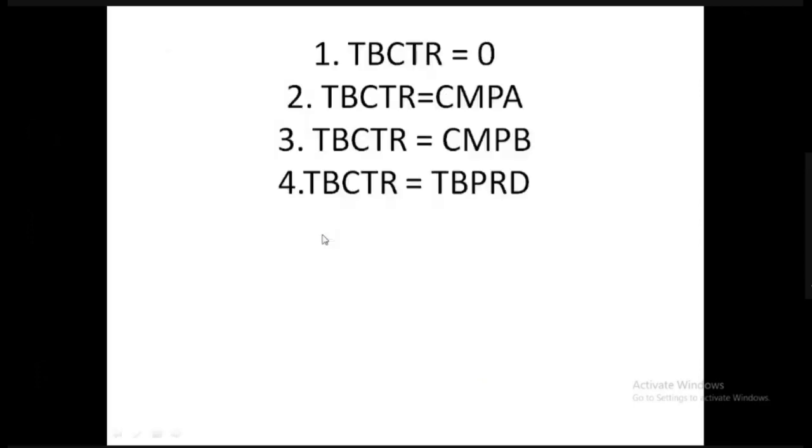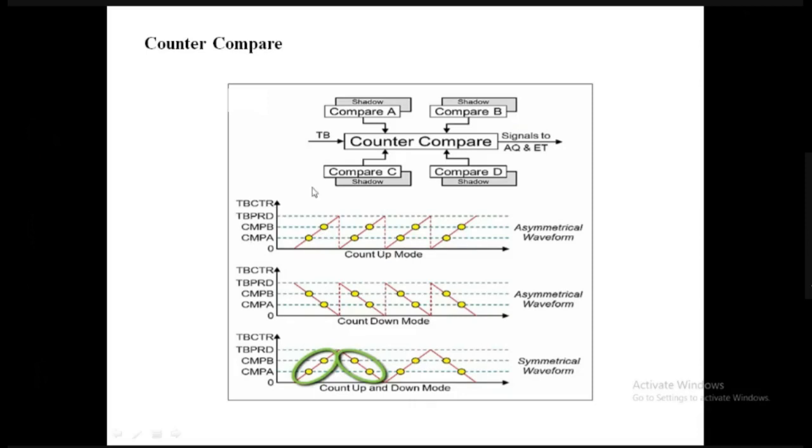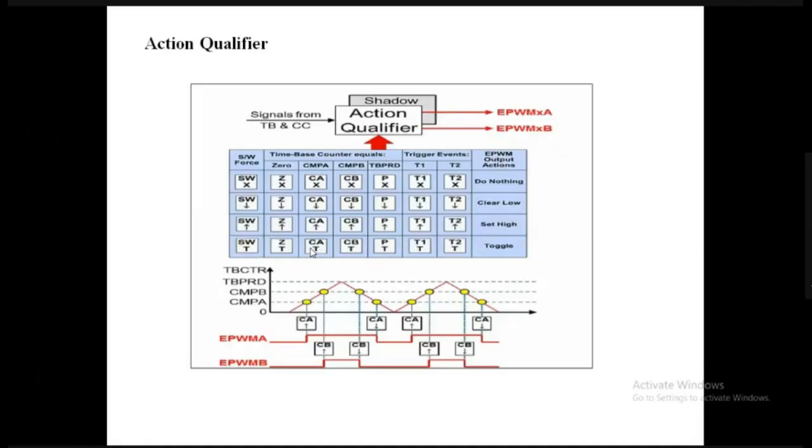Every time you set certain values into this, you need another sub-module which will tell you when you have to set and reset the value. In that case, what comes into the picture is the action qualifier. The action qualifier is responsible for taking any action for generation of your PWM pulses.